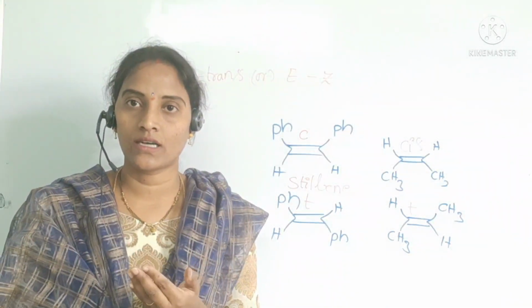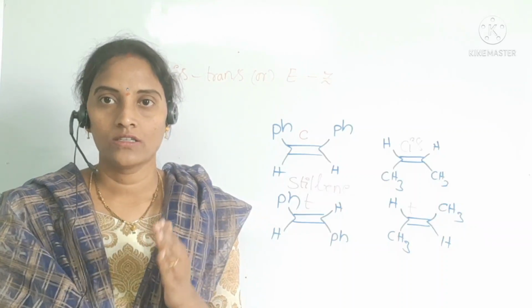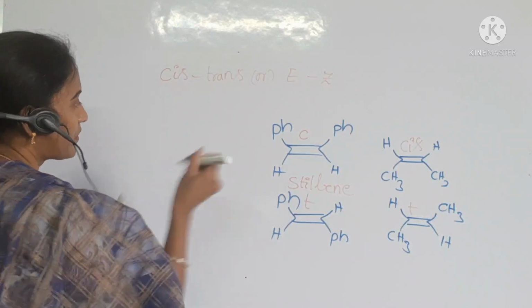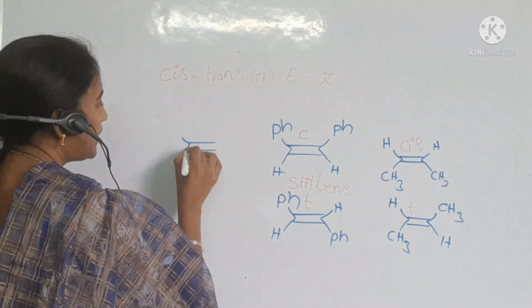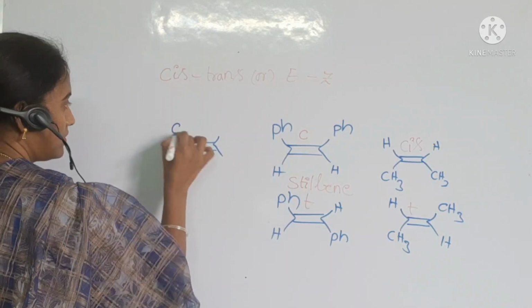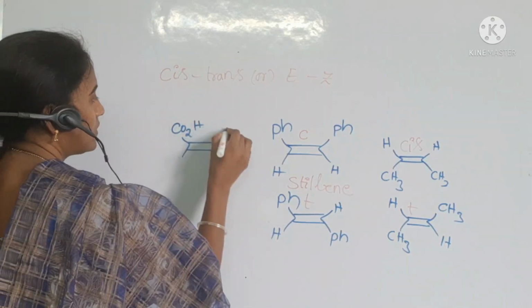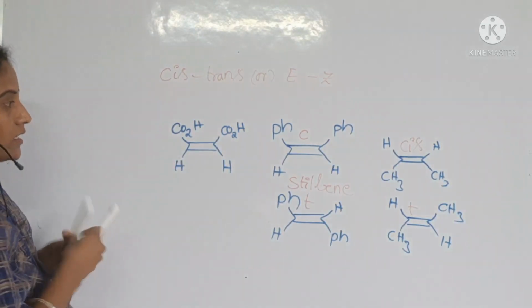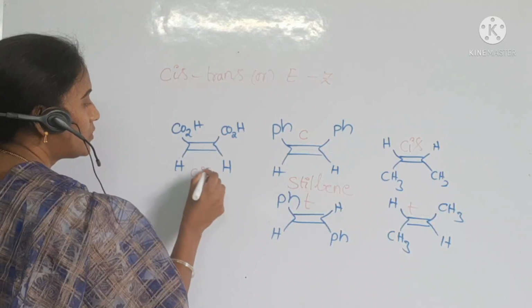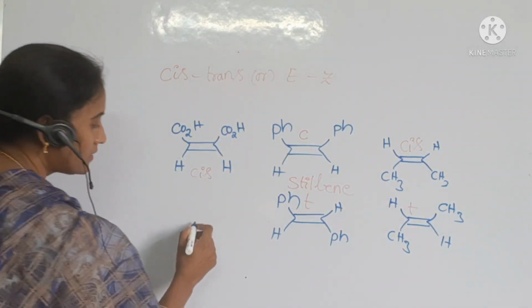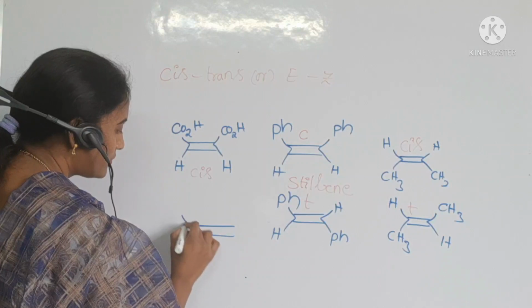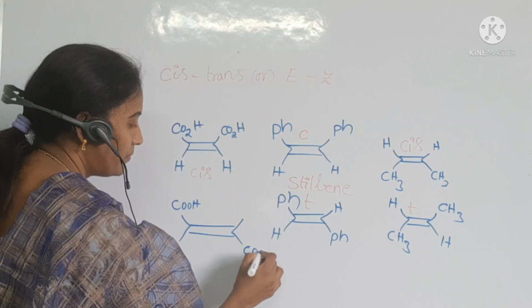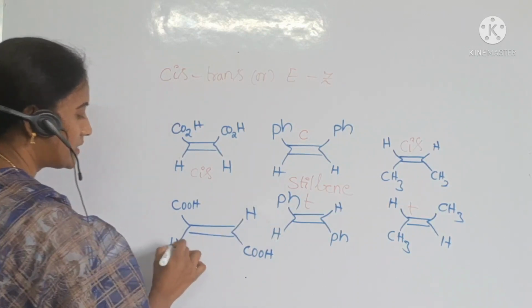These two isomers are identified by UV spectrometry. Now you can take one more example, but-2-enedioic acid: COOH, this one also COOH, this one is hydrogen, this one is hydrogen. This is the cis form of but-2-enedioic acid, and you can take the trans form of but-2-enedioic acid: COOH, COOH, this is hydrogen and this one is hydrogen, students.